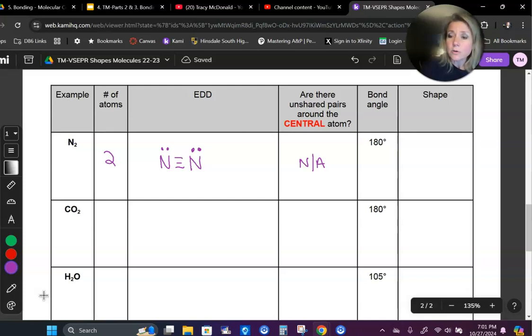And we are going to call this shape linear because it's in a line. Linear diatomic. Di means two, and then atomic refers to atoms.